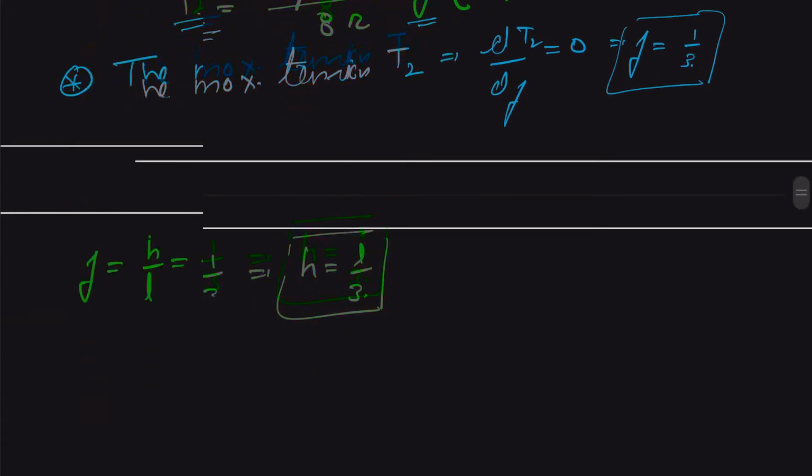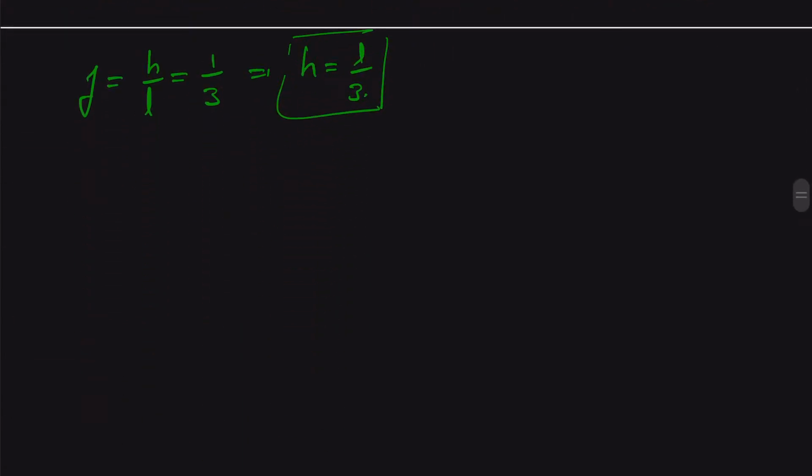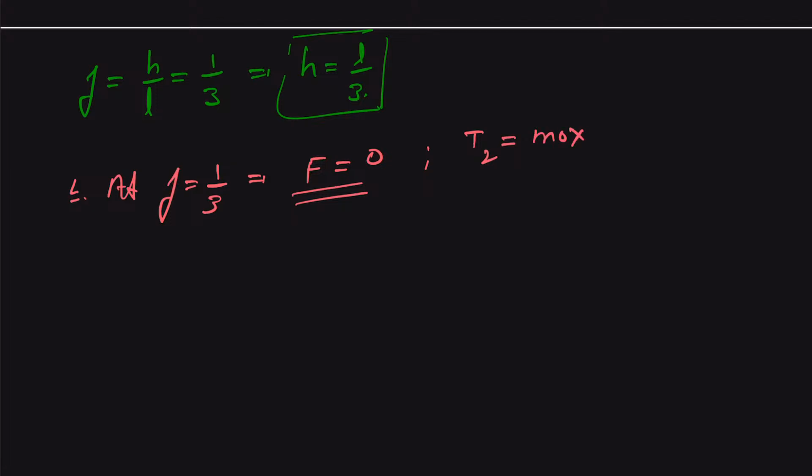We can draw a conclusion from there also: at f equal to 1 by 3, the transverse force F is equal to 0. So basically when T2 is maximum, this transverse force vanishes.